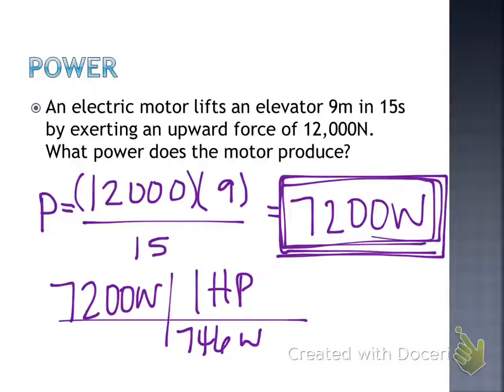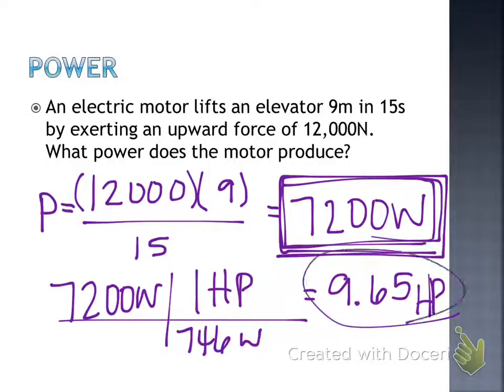We should always expect to get a smaller number of horsepower than we do of watts. If you get a horsepower that's larger than your number of watts, you're in trouble. Make sure that we have a smaller number. So is that what we got for horsepower, hopefully? HP. Very good. We do need to make sure that we know how to do that conversion.